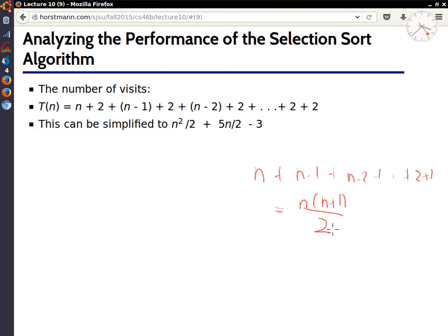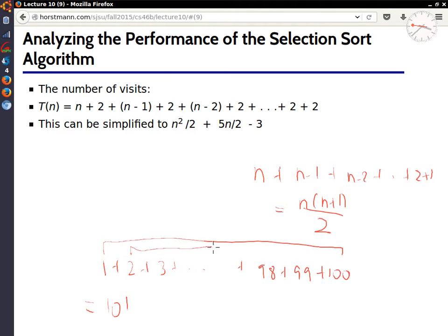The way I remember the formula is that I just happen to know how to compute 1 plus 2 plus 3 plus ... 98 plus 99 plus 100. The way you do that is you compute 1 plus 100, which is 101, plus 2 plus 99, which is 101, plus 3 plus 98, which is 101.